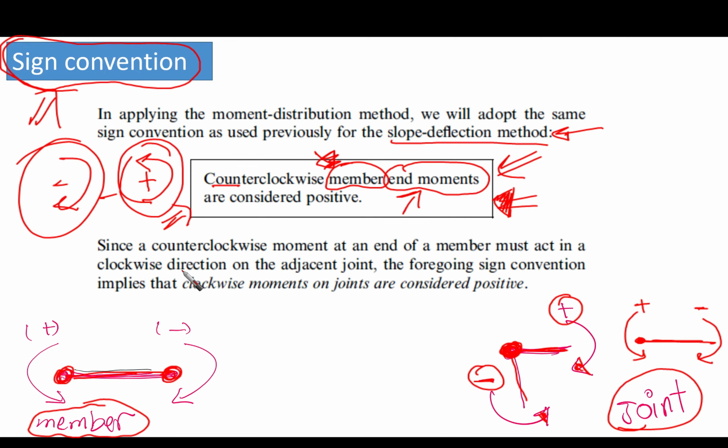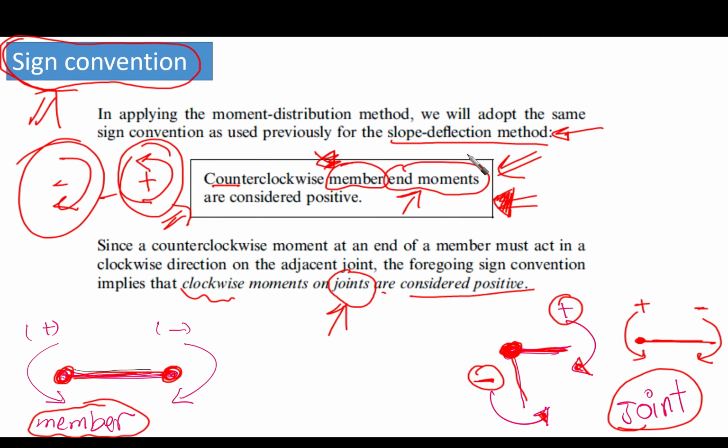So since a counterclockwise moment at an end of a member must act in the clockwise direction on the adjacent joint, the foregoing sign convention implies that clockwise moments on, take care of this word, joints, are considered positive.